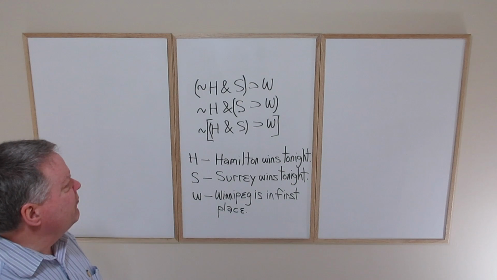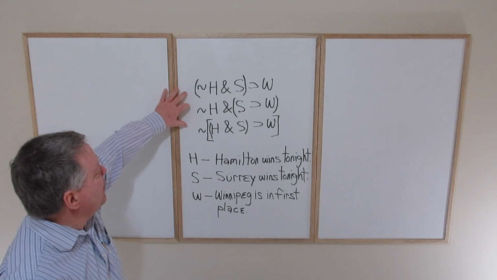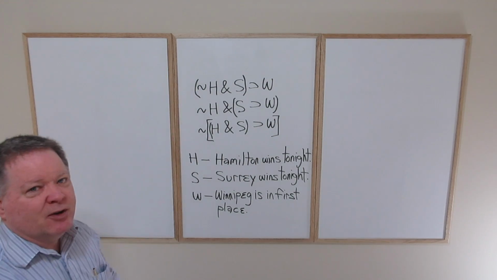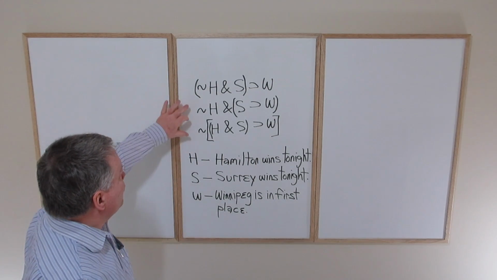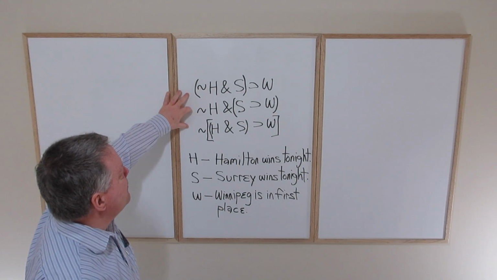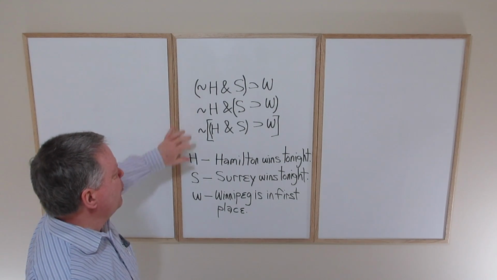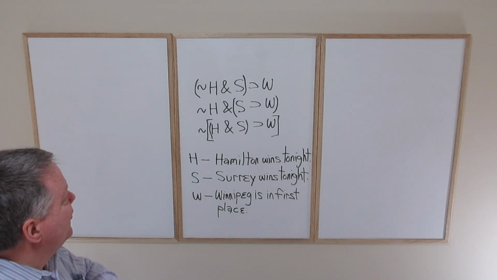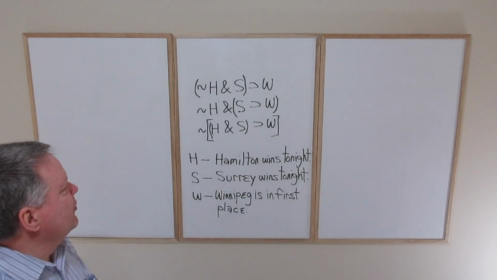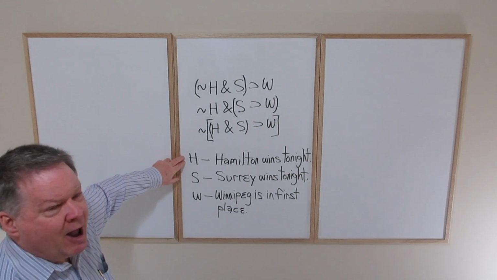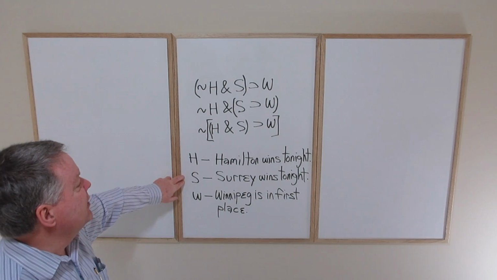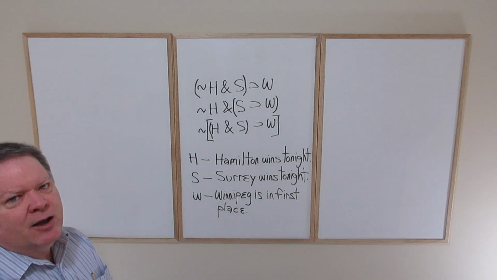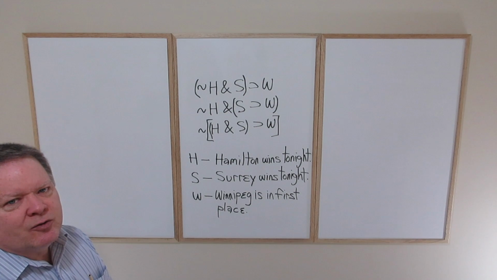The importance of this, though, is that each of these three different bracket arrangements results in a different commitment about how the world is with respect to this hockey league. The top one says, if Hamilton doesn't win tonight and Surrey wins tonight, then Winnipeg is in first place.